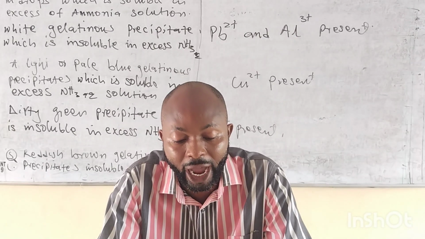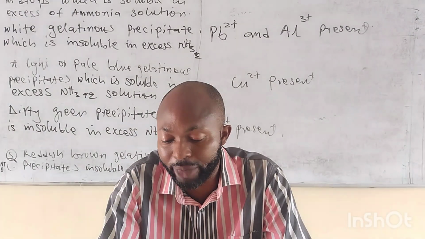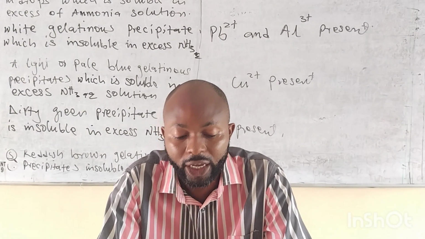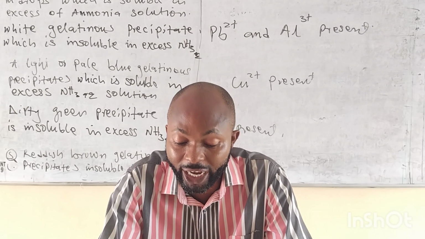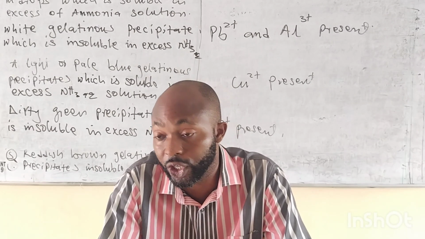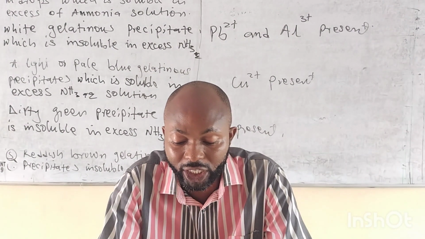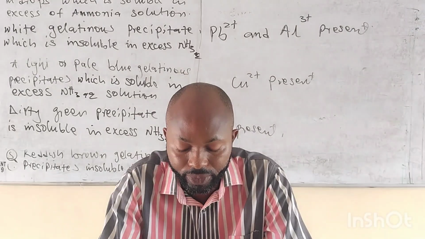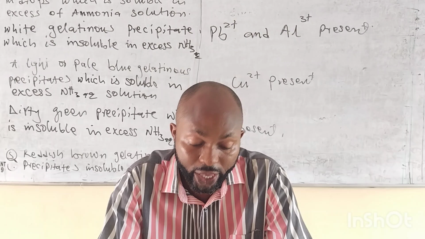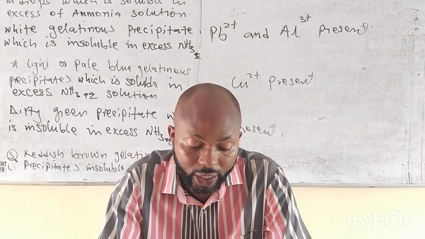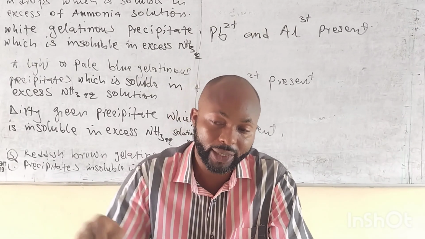Steps 1 to 3 are meant to produce gases that can be identified. They provide useful information about the anion present. For example, the identification of SO2 indicates the presence of SO3 2-. So we are going to take on the last one, which is the confirmatory test.